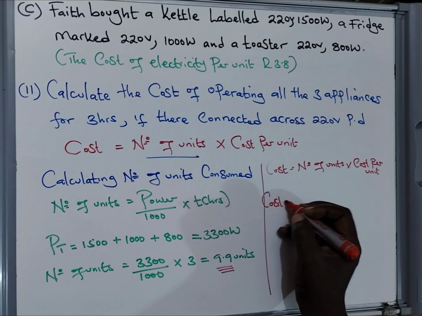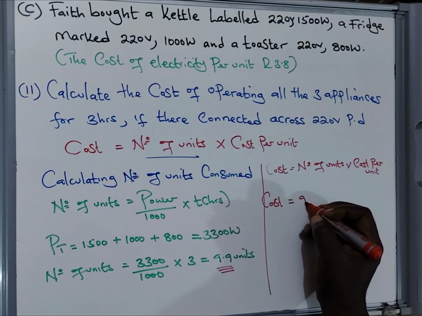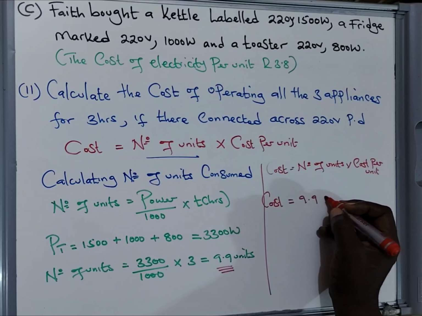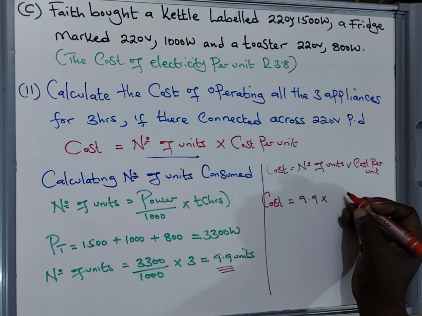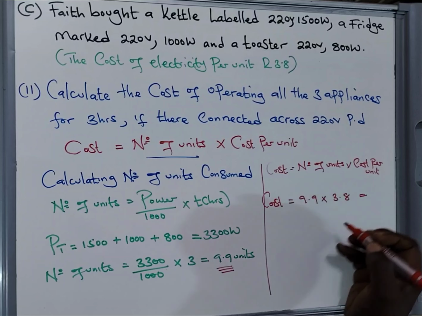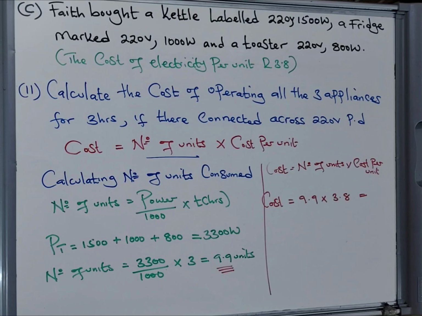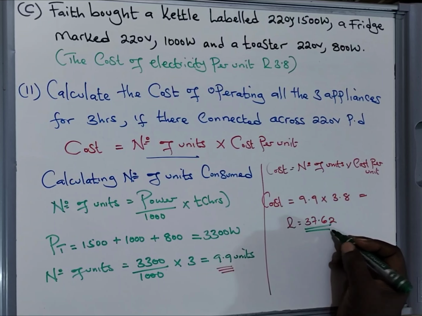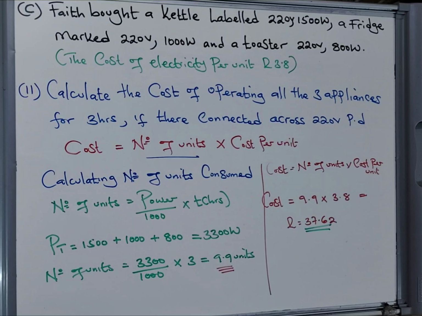So cost is equal to 9.9 times 3.8. Yeah, that is it. So the cost is this, 37.62 rands.